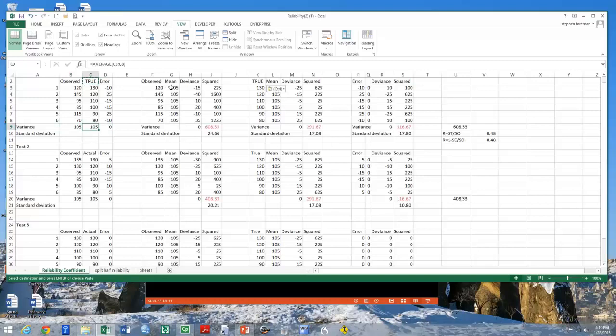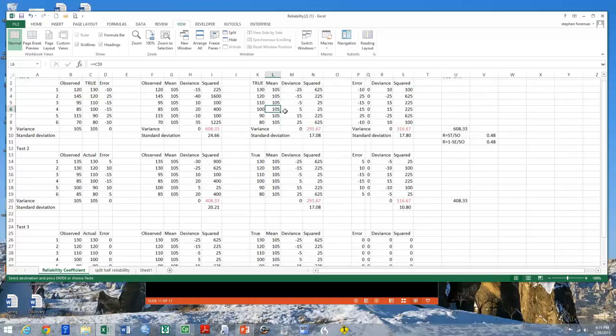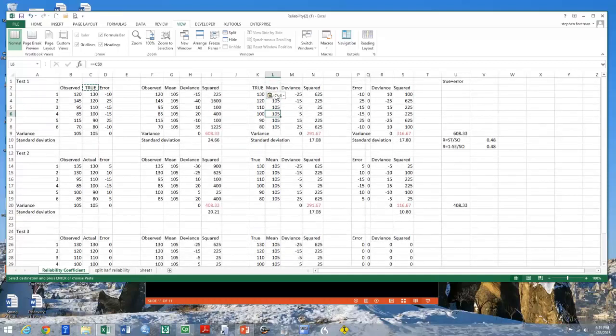So we put the means for our observed in this column, the means for our true column here, and the means, which are 0, for our errors here.